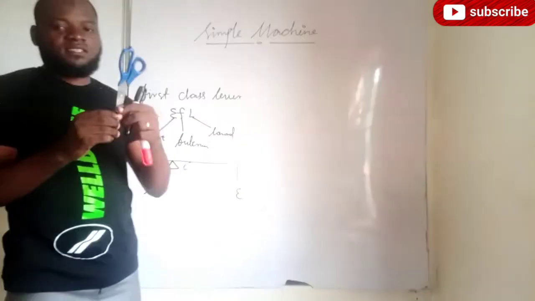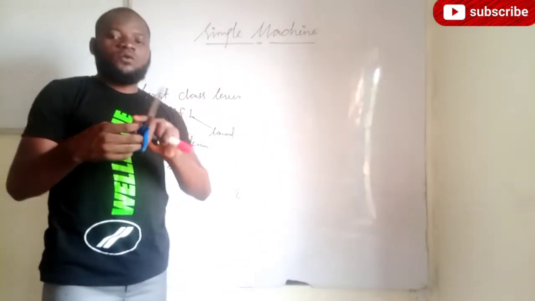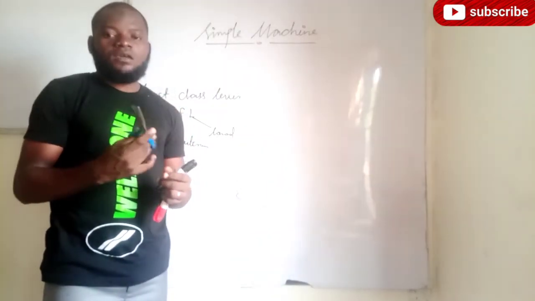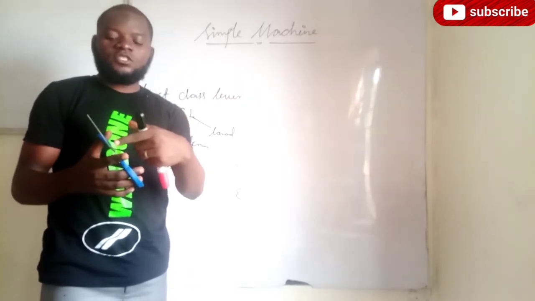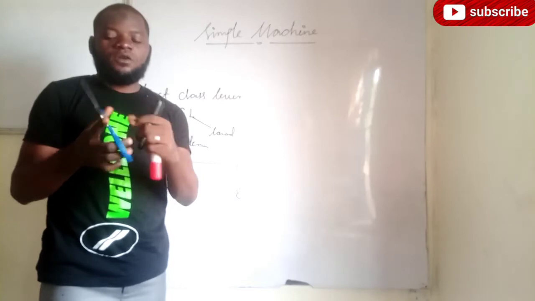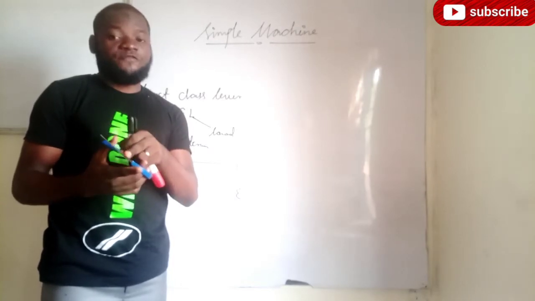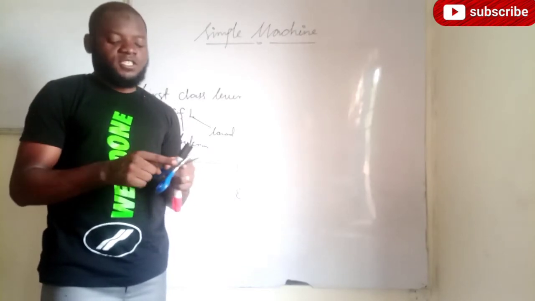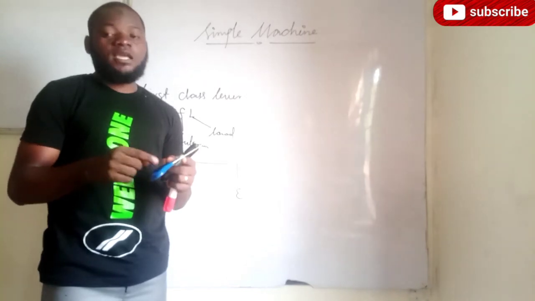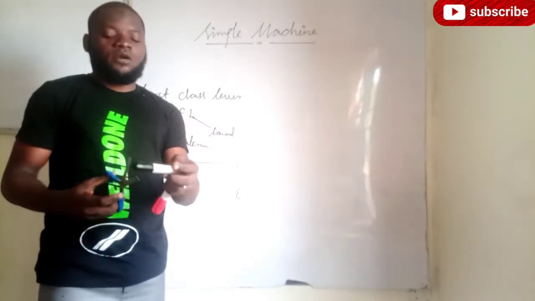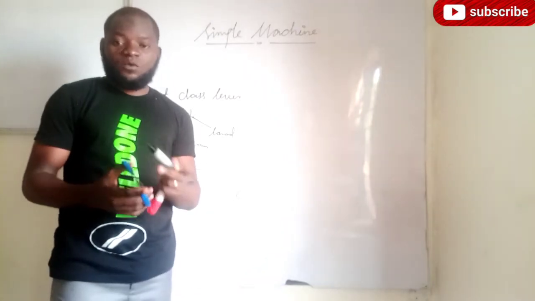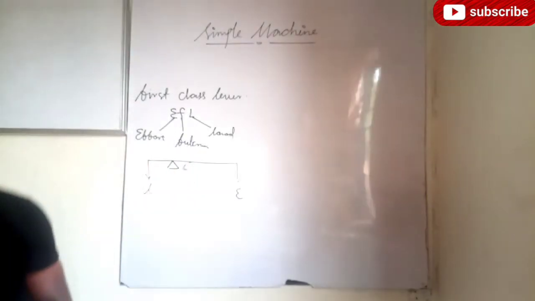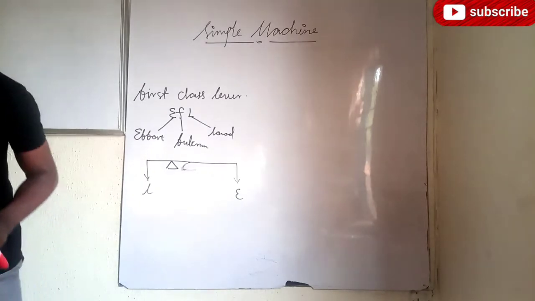If you look at this now, here is where we apply our effort, and this is the load. The load is quite closer to the fulcrum, while the effort is far from the fulcrum, and the fulcrum is in between the load and the effort. Let's say this is the load I want to cut now. You can see it's quite closer to the fulcrum. Are we together now? So it is an example of a first class level.